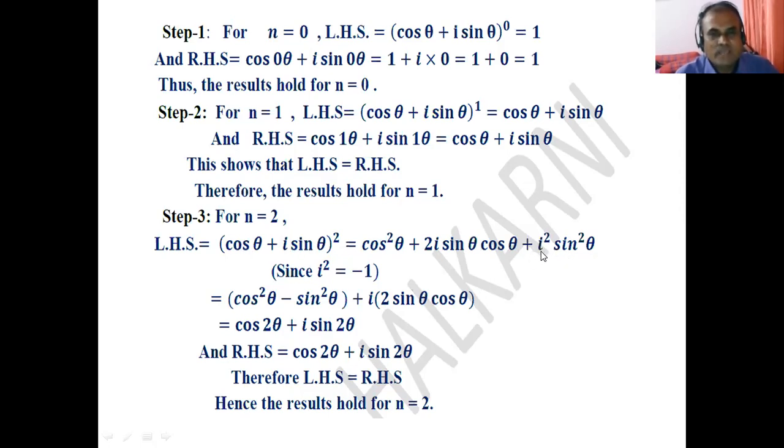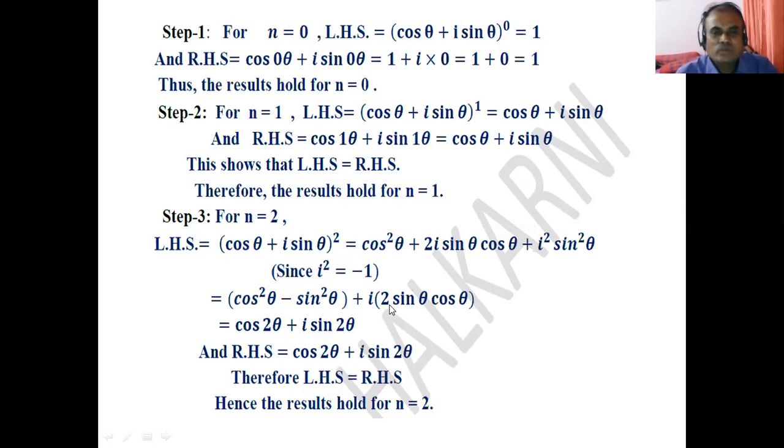Now we know that i squared value is minus 1, so we put that value there. Therefore cos squared theta minus sin squared theta, we can write as (cos squared theta minus sin squared theta) plus i into (2 sin theta cos theta). Now we know by the trigonometric formula, as we have seen in lecture 1, cos squared theta minus sin squared theta is equal to cos of 2 theta. So this is the trigonometric formula we use here.